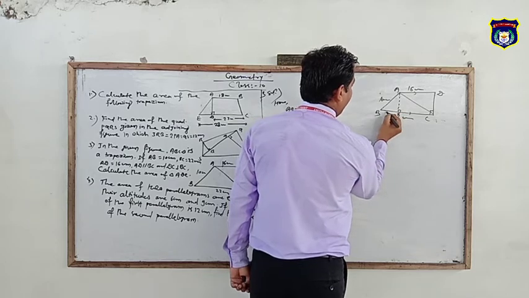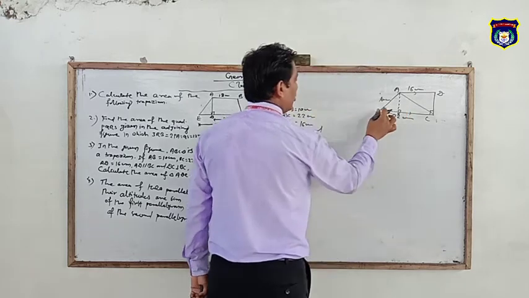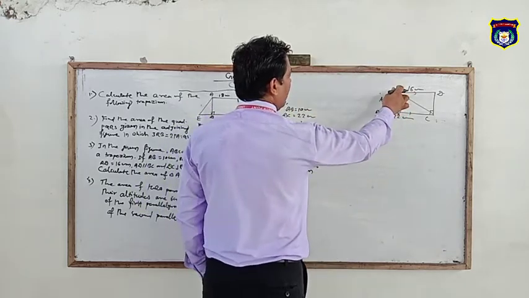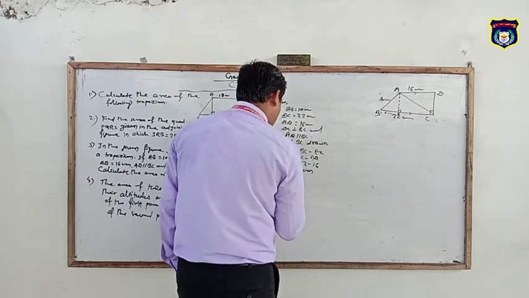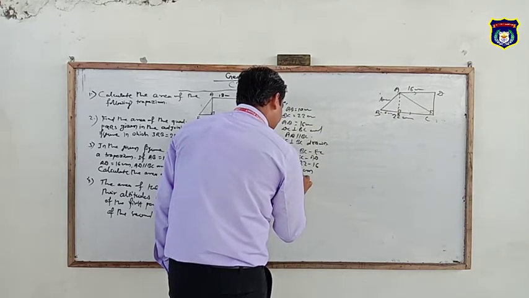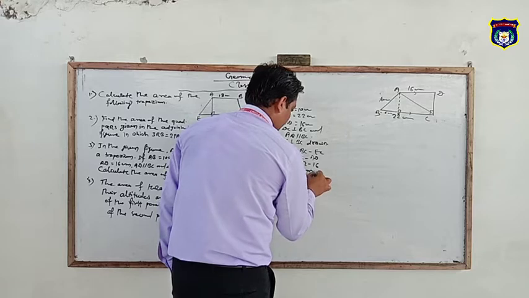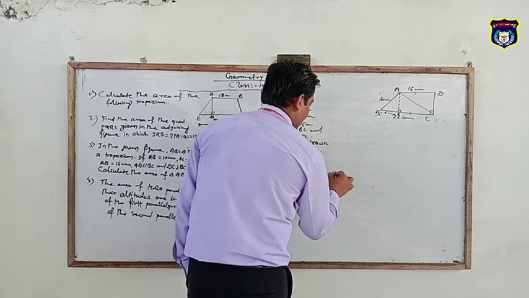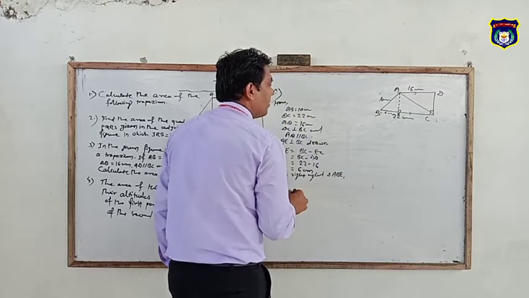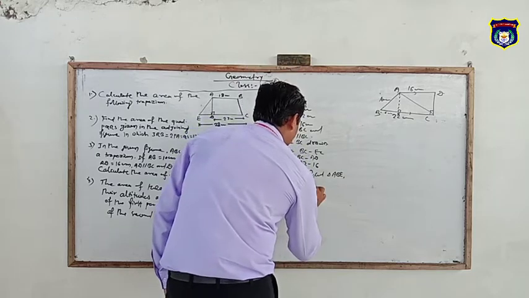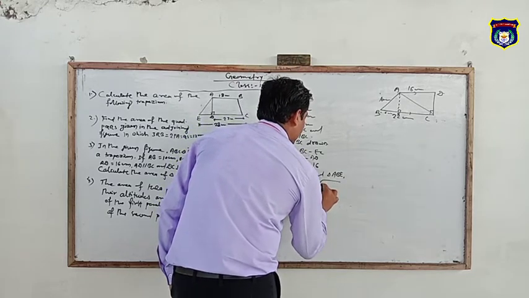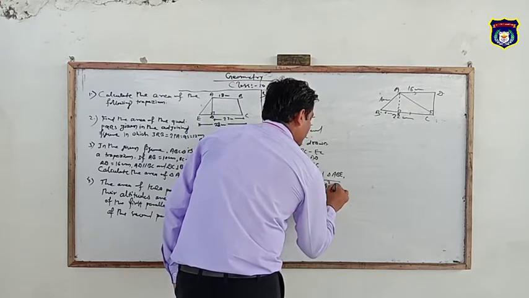BE is 6 centimeter. After that, we will go to the triangle ABE, a right angle triangle. AE equal to root under AB square minus BE square.